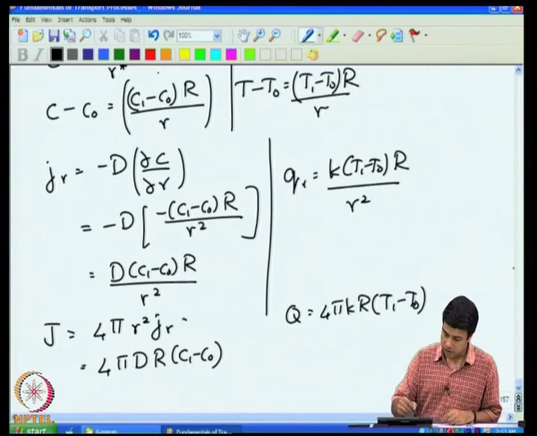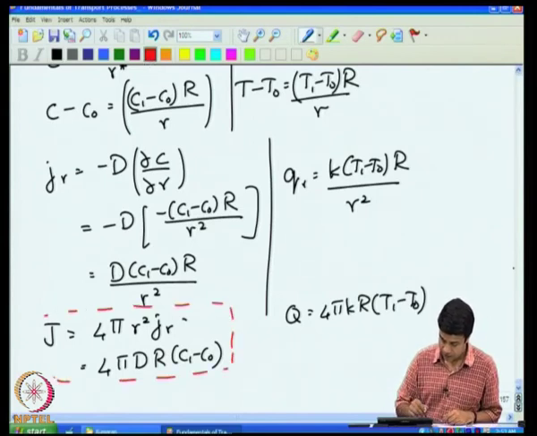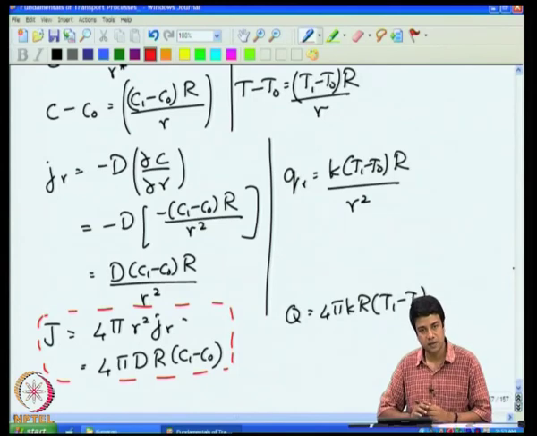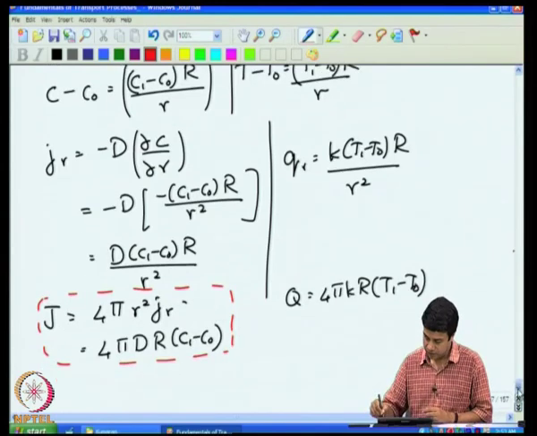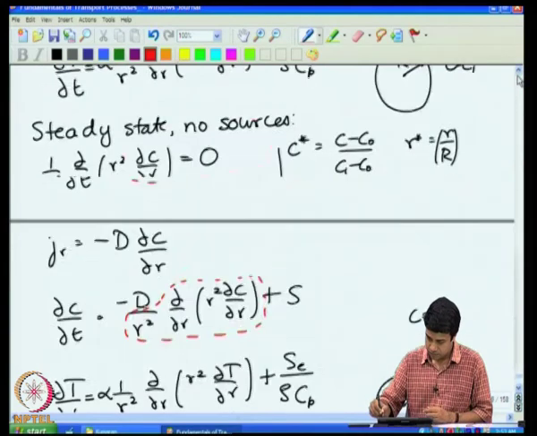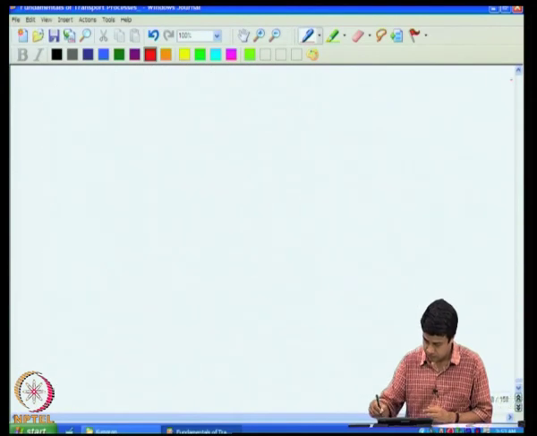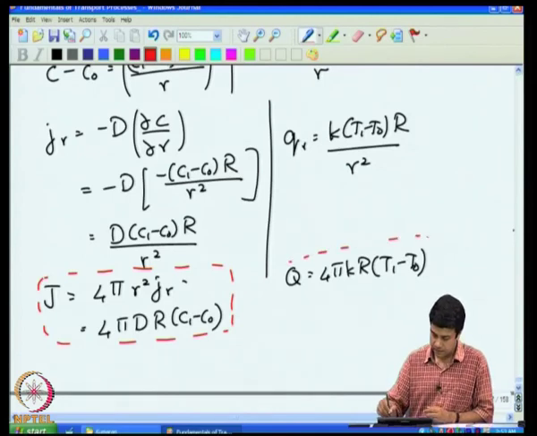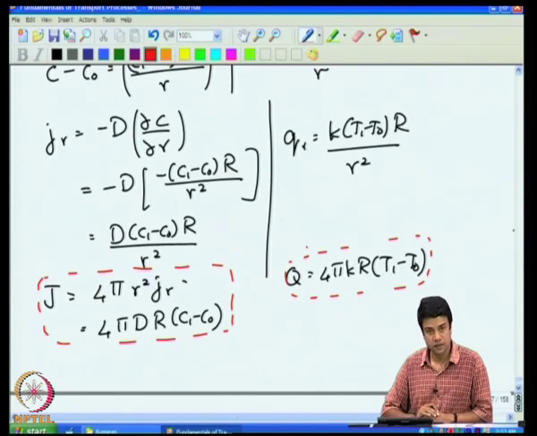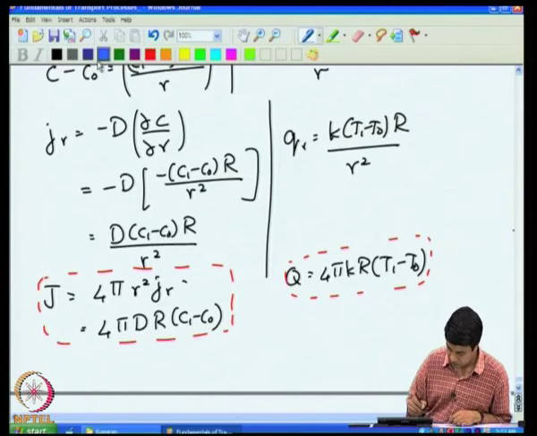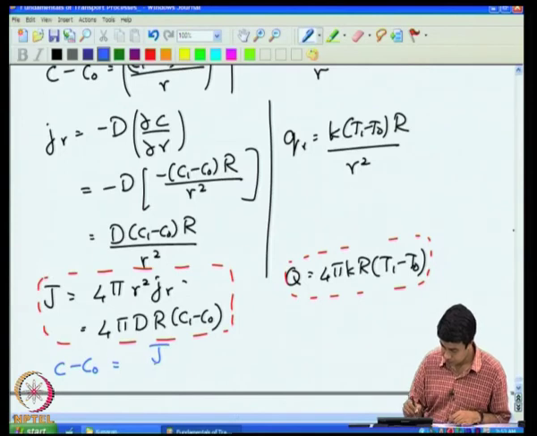For that, I need to use this expression and write C1 minus C naught in terms of capital J, or T1 minus T naught in terms of capital Q. Since C1 minus C naught is J by 4 pi D R, I find that C minus C naught is equal to J by 4 pi D times R.